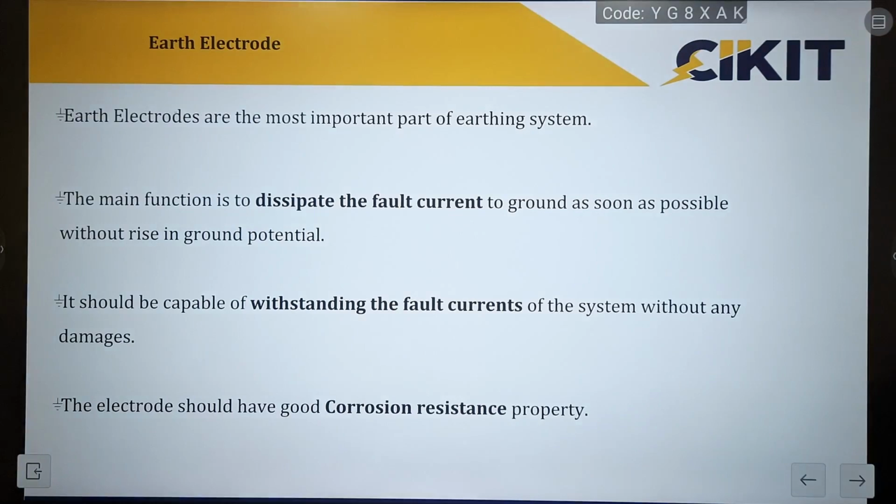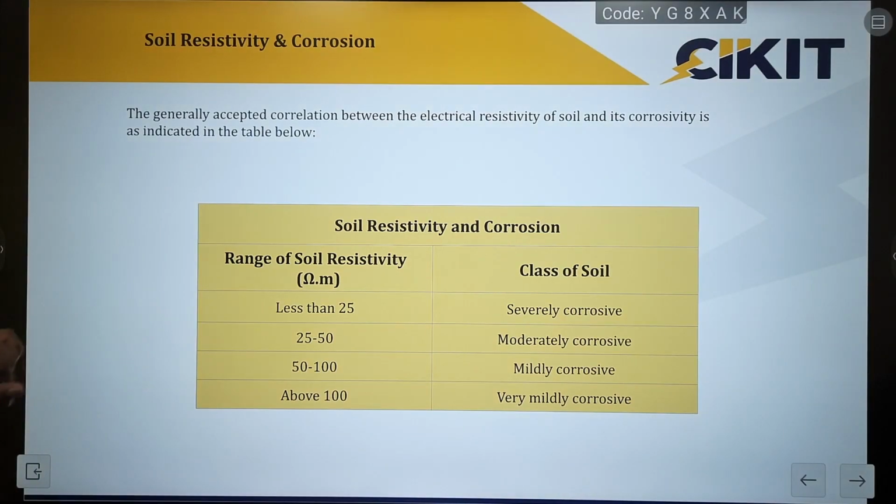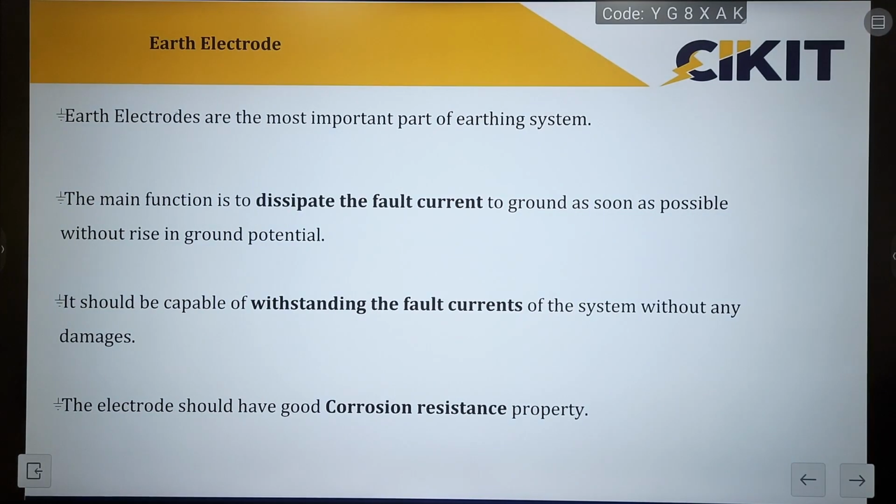This earth electrode slide, sir. This curve, the earth electrode. Shall I start from this slide? Okay, fine. Thank you, sir.